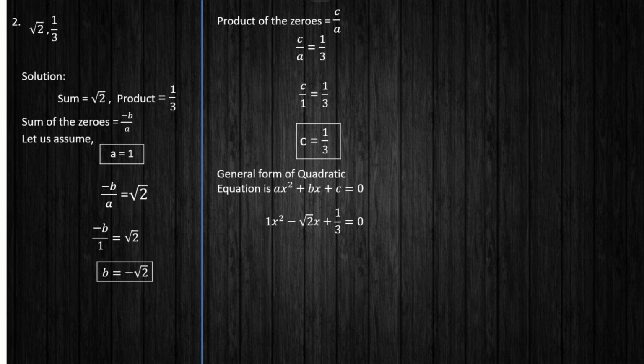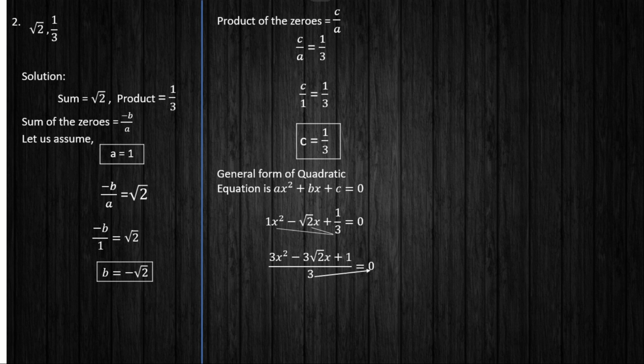Here the LCM will be 3. When the LCM is 3, we multiply it with all the terms. The terms which don't have a denominator, the denominator will be 1. So the numerator will become 3x square minus 3 root 2x plus 1, whole divided by 3.